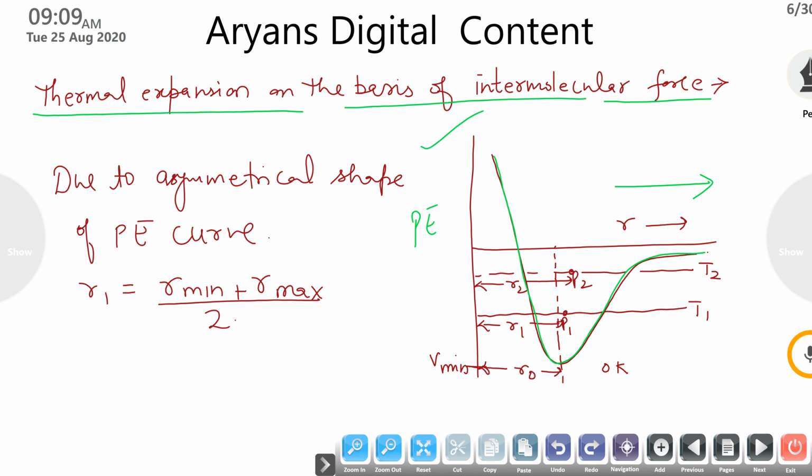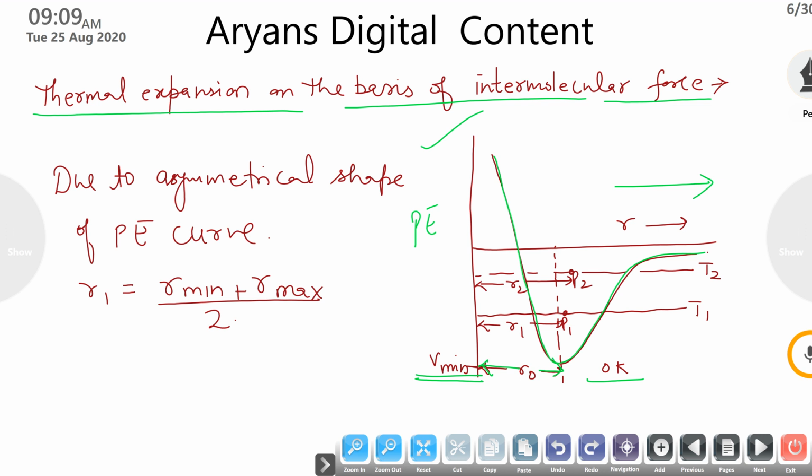Here the minimum potential energy is at the minimum distance between the atoms, and that can be considered as R naught. So R naught is the minimum separation, and it is at 0 Kelvin, which means there is no thermal heat in the substance.